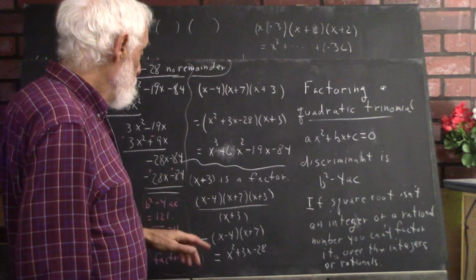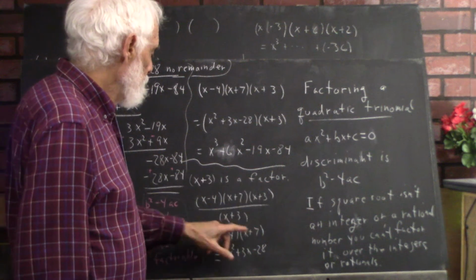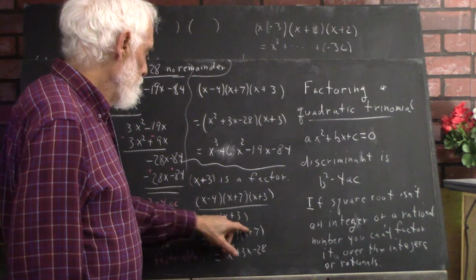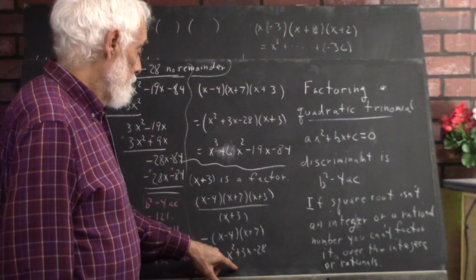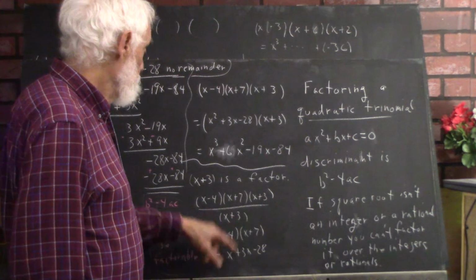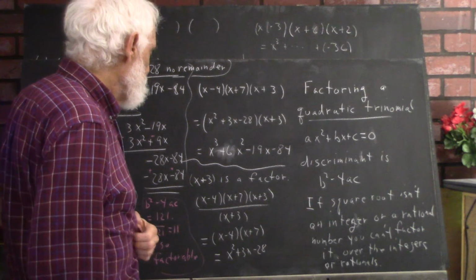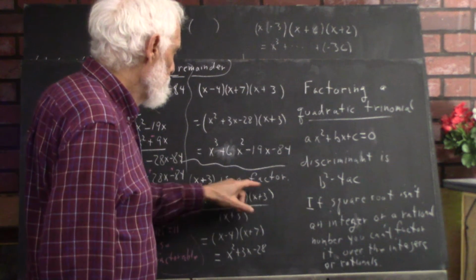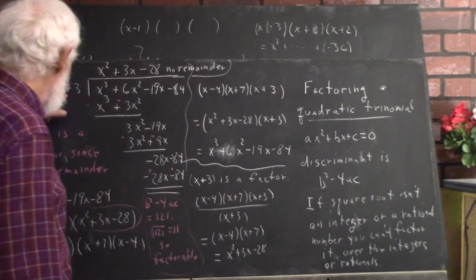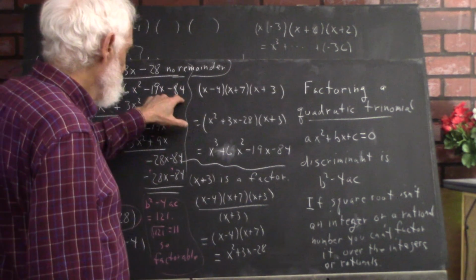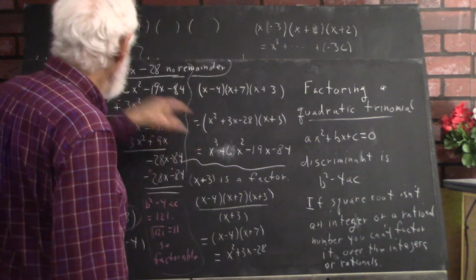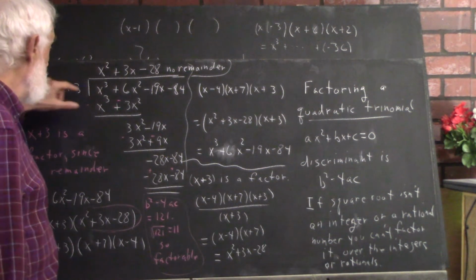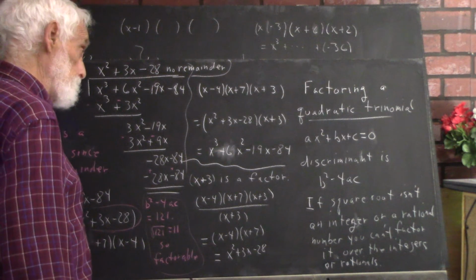But more importantly, if you divide the polynomial by x plus 3, the x plus 3's divide out, you get this, and you get this. Okay? So that's obvious. Well, since this equals this product, if you do a long division of x plus 3 into this, you should get this. And we do. So we divide x plus 3 into this polynomial.